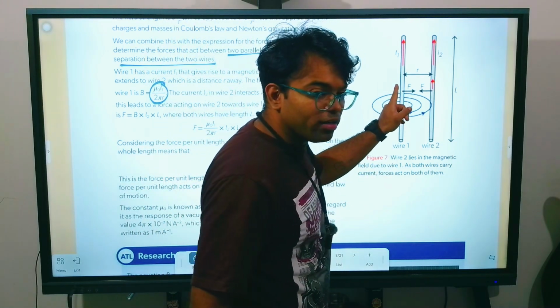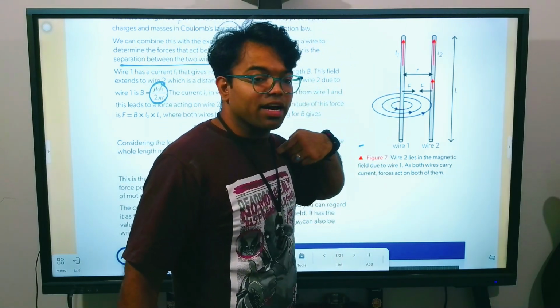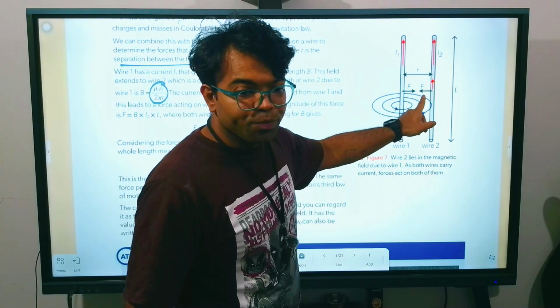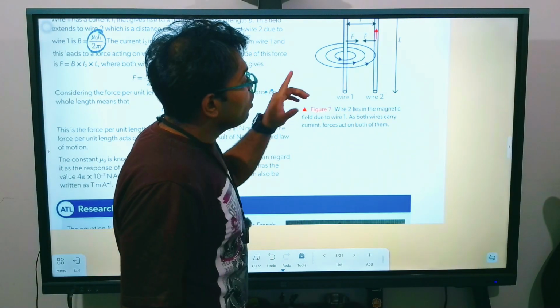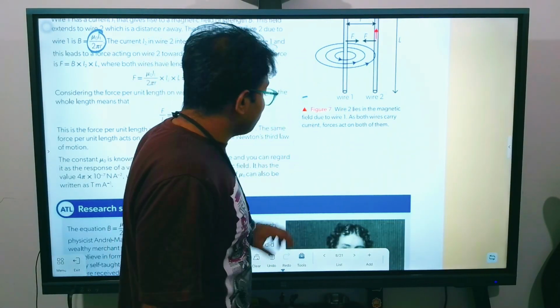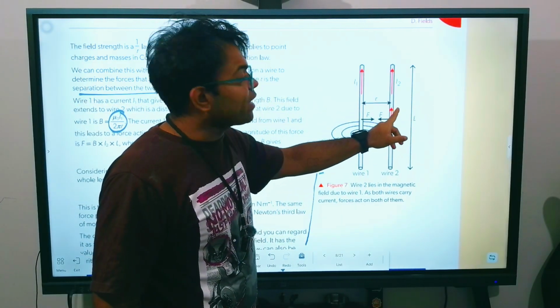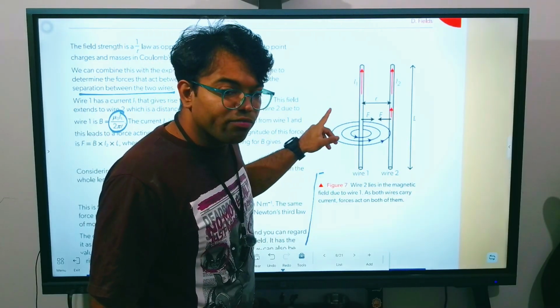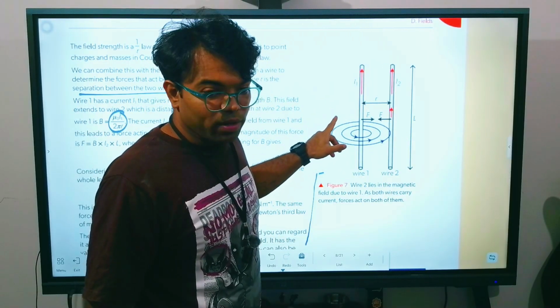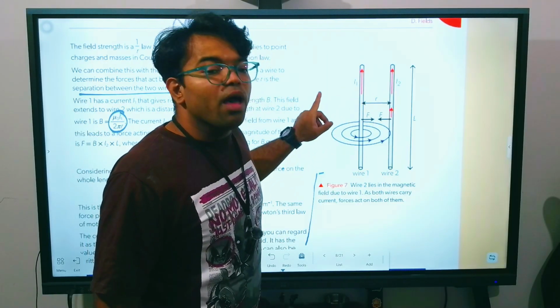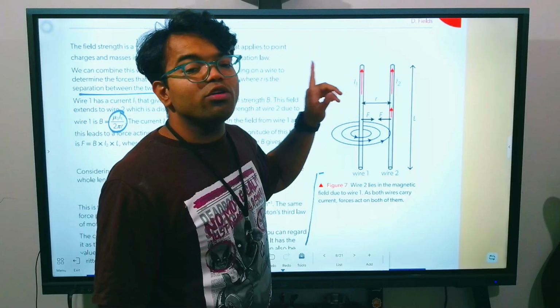So what is the cause of the force being exerted on wire 2? It is the field produced by wire 1. So the force on wire 2 due to wire 1 will be mu naught I1 upon 2 pi r.